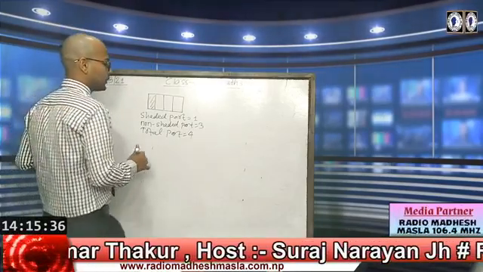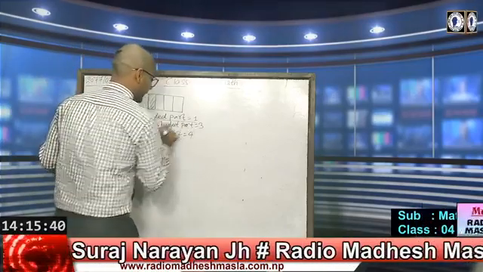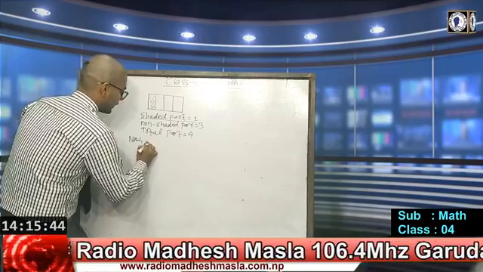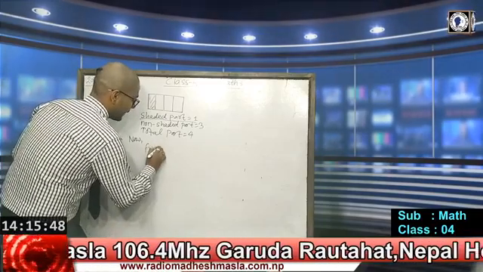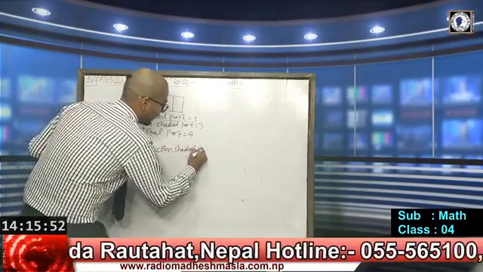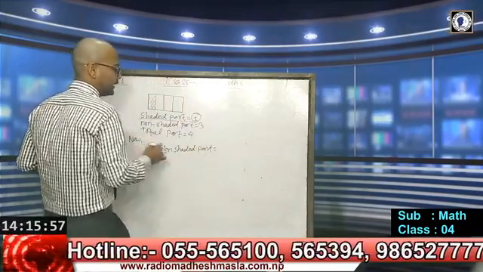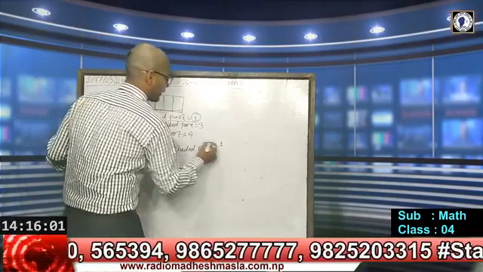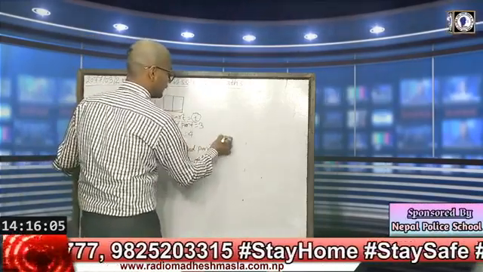So if we need to write the fraction of the shaded part, it is how many parts are shaded? 1 part. And how many in total? 4. So it is 1 by 4, because 1 has been taken.